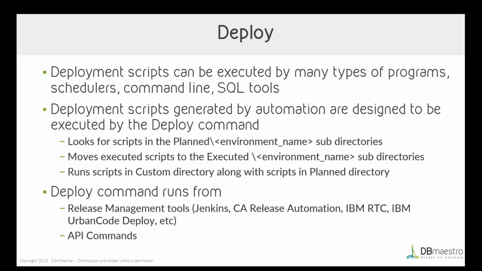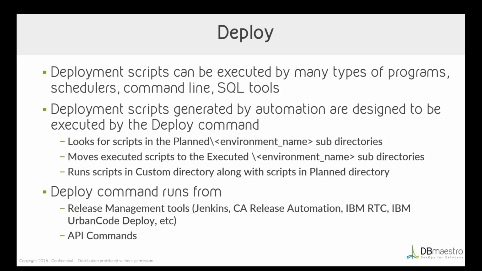scripts. So with the plan folder, we create a custom folder. If you have a script where you want to run a backup before you deploy the changes, or export some tables before you drop a table, you can put those in the custom folder and it'll run alongside the regular scripts.